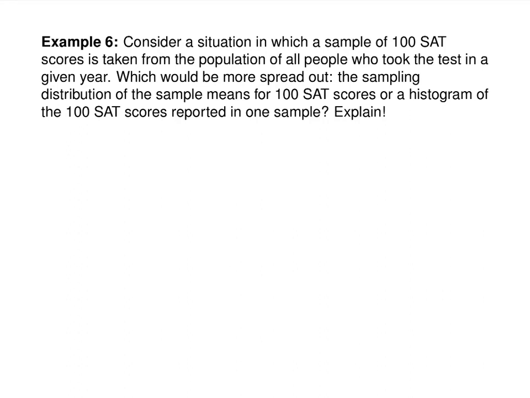So consider a situation in which a sample of 100 SAT scores is taken from the population of all people who took the test in a given year. Which would be more spread out? The sampling distribution of the sample means for 100 SAT scores, or a histogram of the 100 SAT scores reported in one sample? Okay, so the sampling distribution talks about if you repeatedly took samples of 100 and found their averages, how would the averages vary from sample to sample?